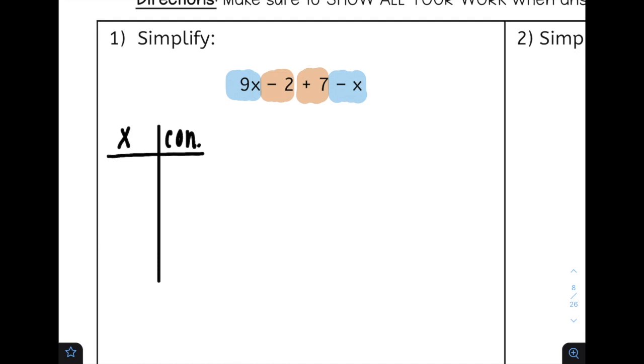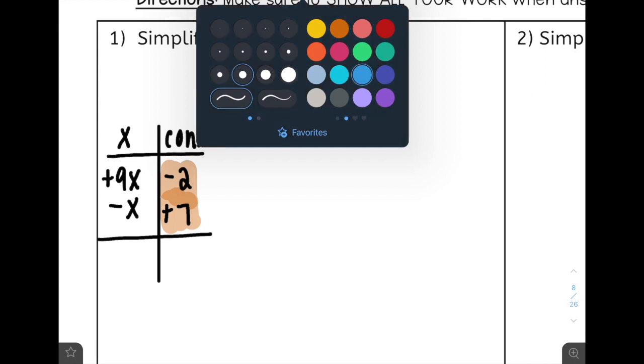So here we have a positive 9x. If there's no sign in front, it's going to be positive. So we have positive 9x. We have a negative x. So I'm just listing them out vertically. My constants are -2 and a +7. So what I'm going to do is combine them vertically.